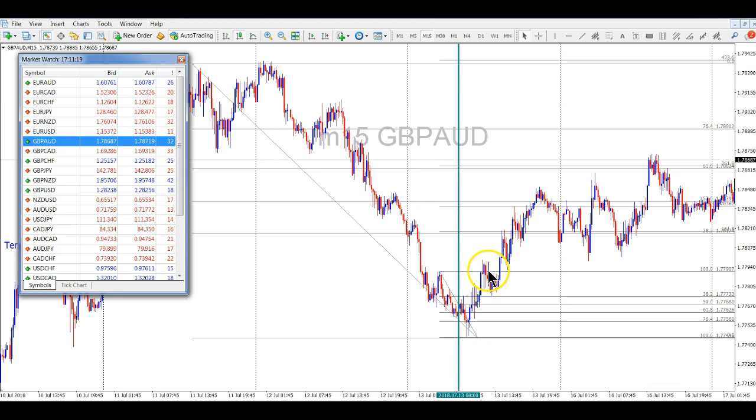Our entry would be right there. Let's get rid of it. And here's the target. There's the 618. There's the 200 and the 2618 are your targets on that one.